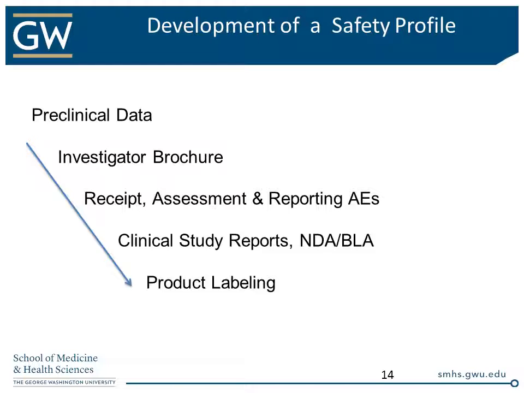The investigator brochure is an important clinical regulatory essential document as well in safety risk management. Summaries of non-clinical and safety data are compiled in the IB, which is updated throughout development. In addition, the investigator brochure plays a key role in safety risk management as it is a precursor document used in preparing the draft prescribing information, which is submitted as part of the marketing application.